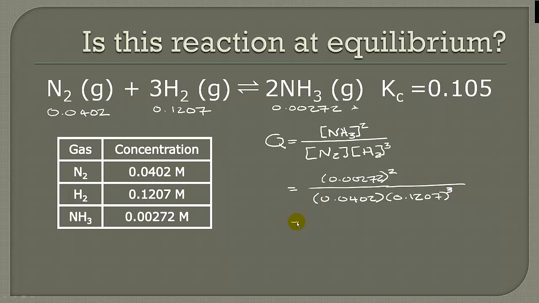I'll run this through my calculator real quick, and what I find is that the value I get for the reaction quotient is 0.1046. Again, keeping track of sig figs, that means that Q is equal to K, and so this reaction is at equilibrium.